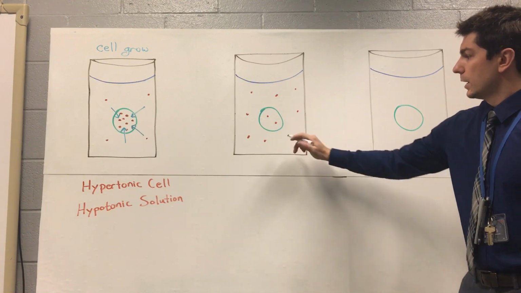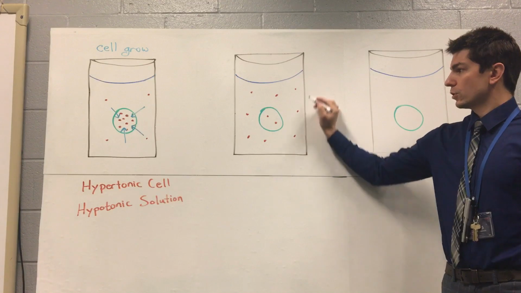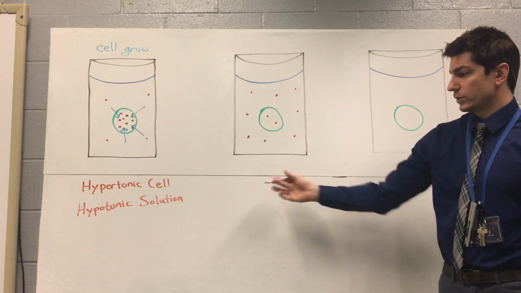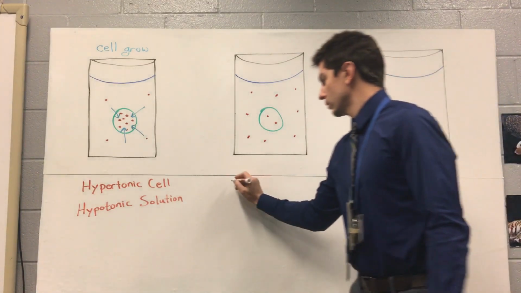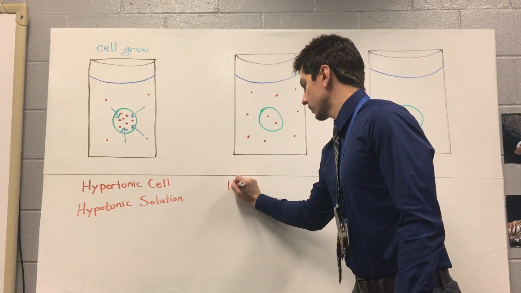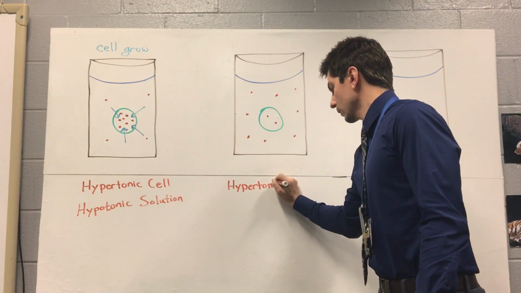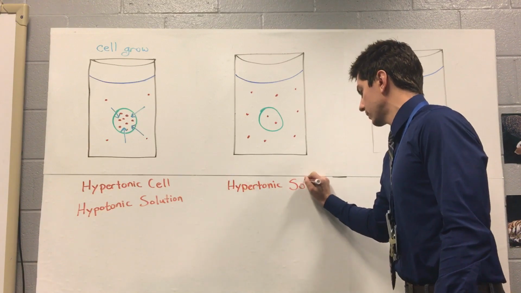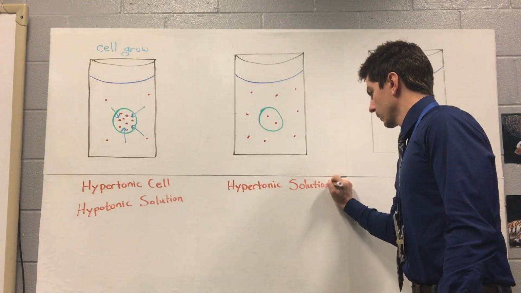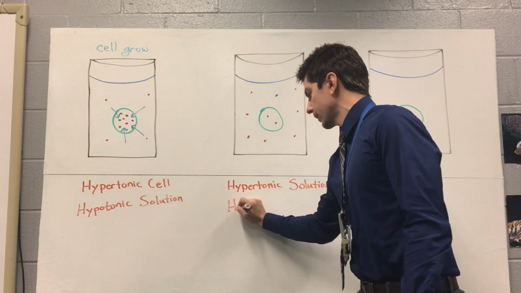So in this one, I obviously have more solute outside of the cell. In other words, it's in the solution. So this one would be a hypertonic solution in a hypotonic cell.